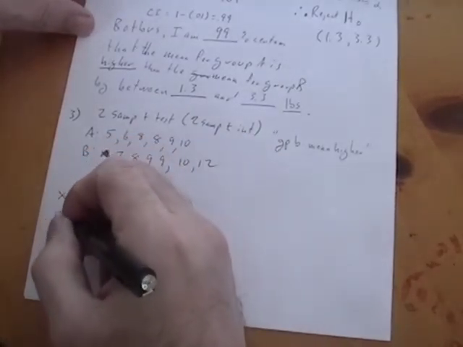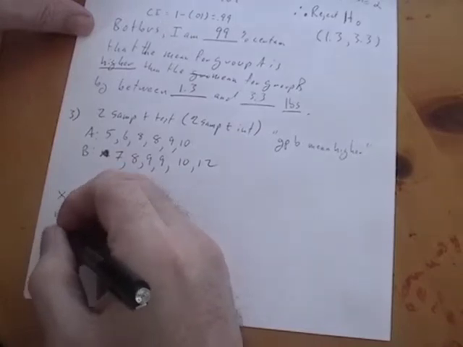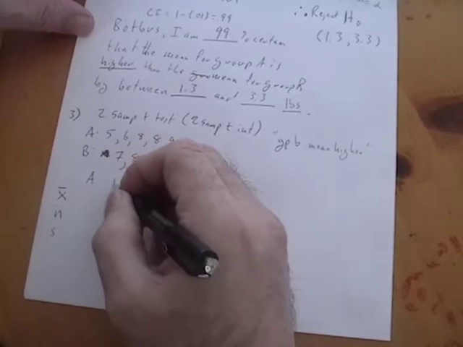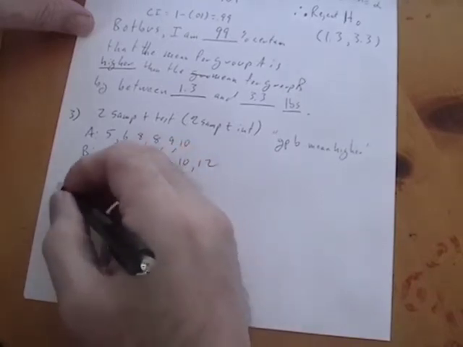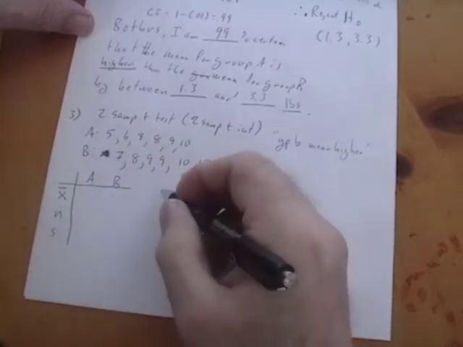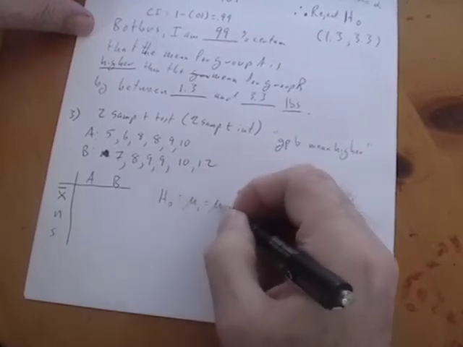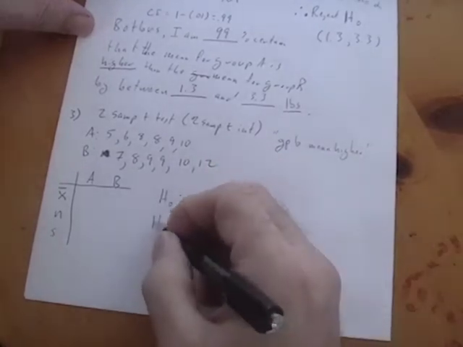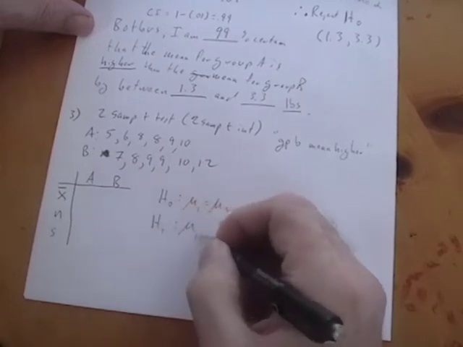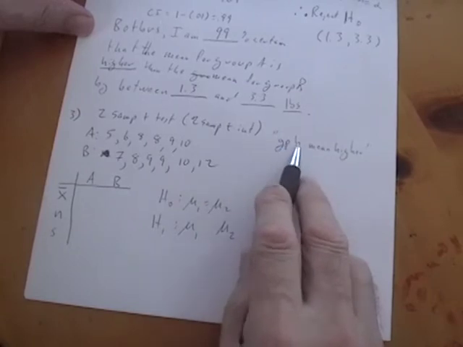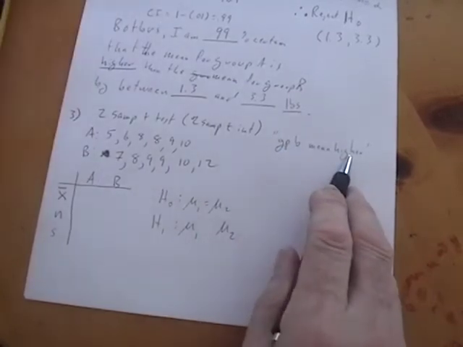So I will have X bar, N, and S for group A and group B, respectively. My null hypothesis, mu1 equals mu2. My alternative hypothesis, mu1 and mu2, I expect the group B mean to be higher.